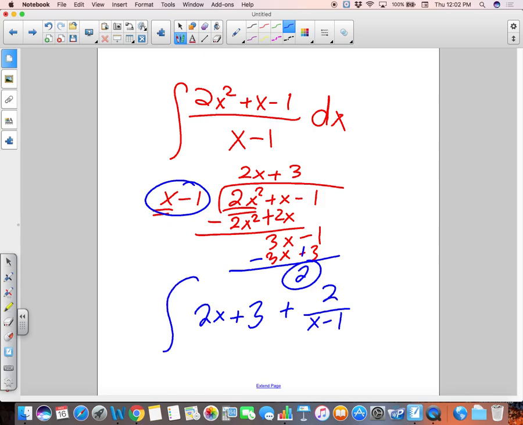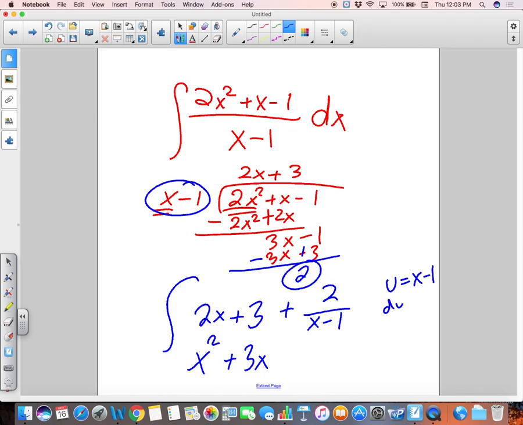And this is really easy to integrate, right? What's the integral of 2x? x squared. What's the integral of 3? 3x. And this guy, can you do it without substitution yet? Right, u's going to be x minus 1.